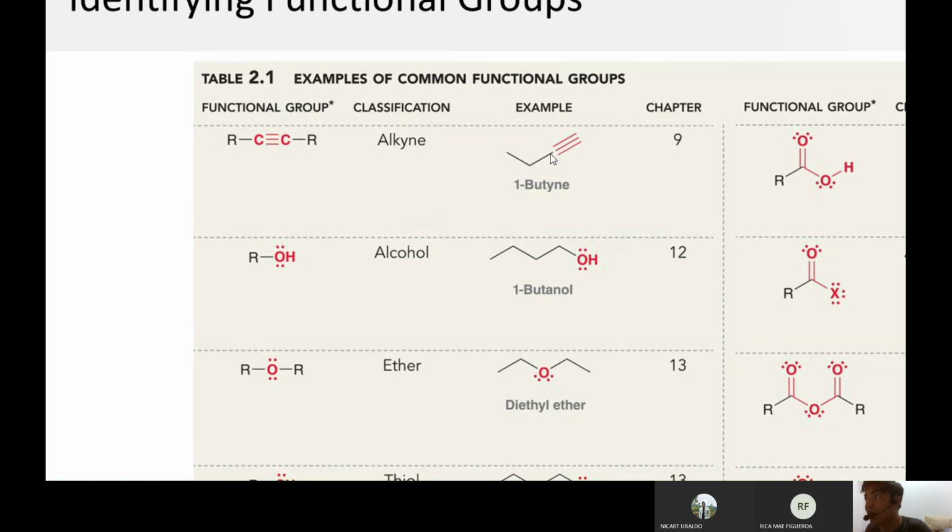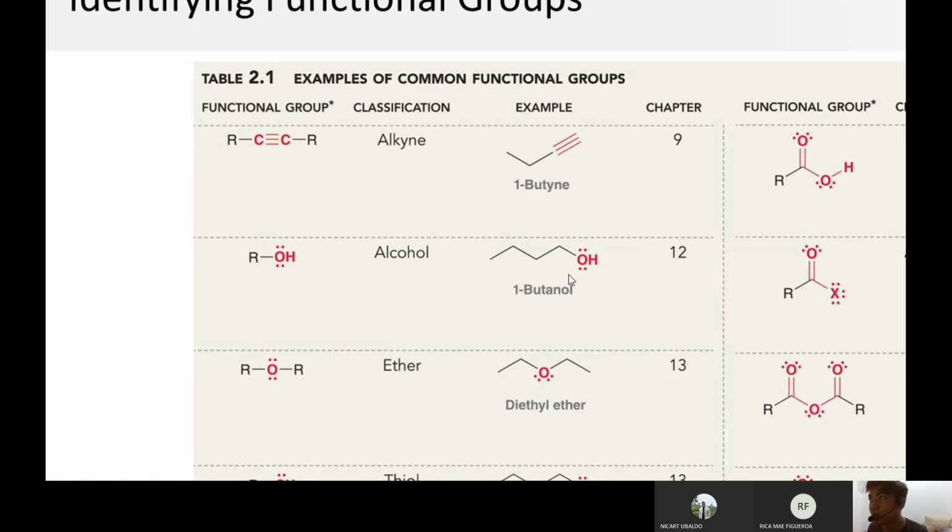The name of this molecule is 1-butyne. You'll notice that for alkynes the ending is always "-yne." The naming we'll take up in the future, a few weeks from now, in chapter 9. So when we see triple bonds, that is called an alkyne.